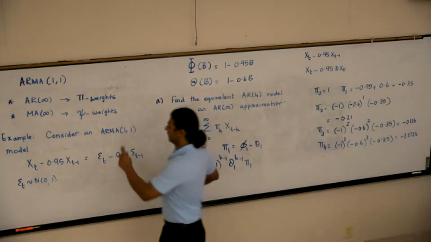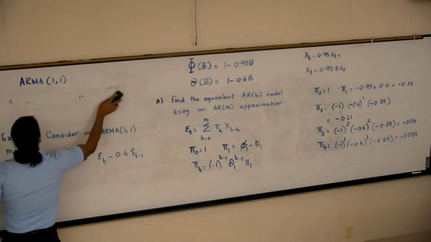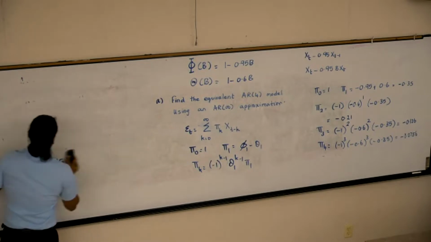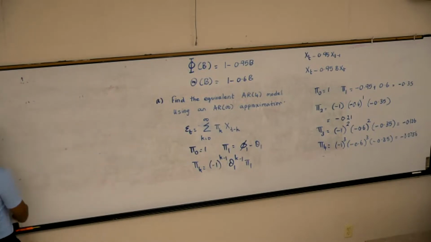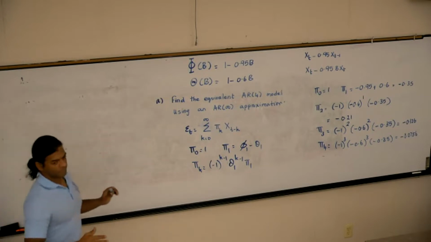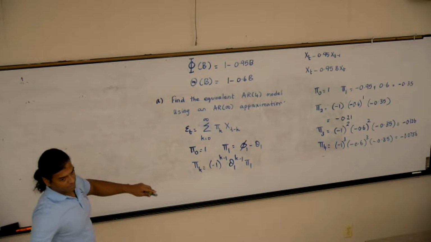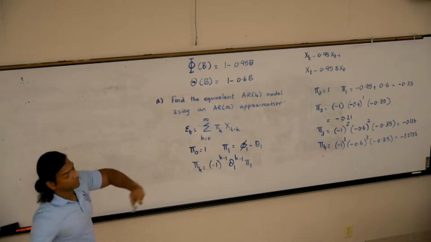Now, I just want the first 4 terms because I'm doing sort of an approximation. So we ignore pi 0, we just go with pi 1, pi 2, pi 3, pi 4. No, we need pi 0, but we will ignore everything past pi 4.